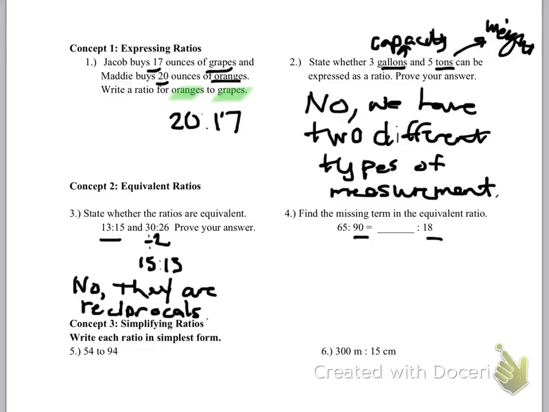I divide by 5. I would probably rewrite it. I'm going to get rid of both of those. I would put 18 down here. Now I would write divided by 5, divided by 5. And so I need to find 65 divided by 5, and that would tell me my answer is 13. So the missing term is 13.